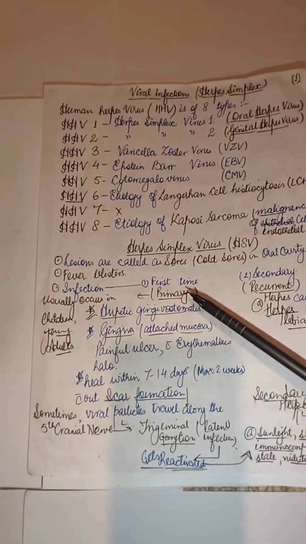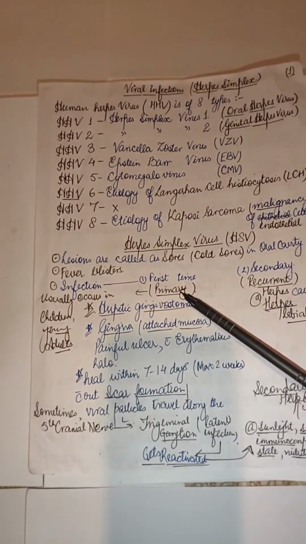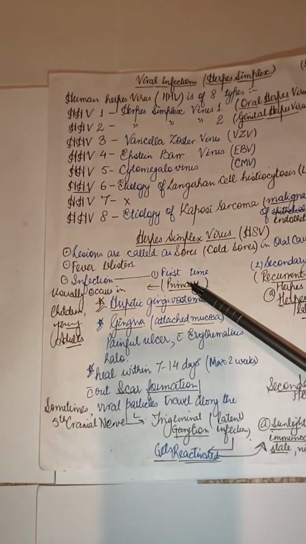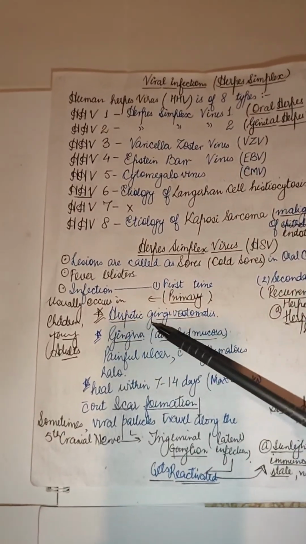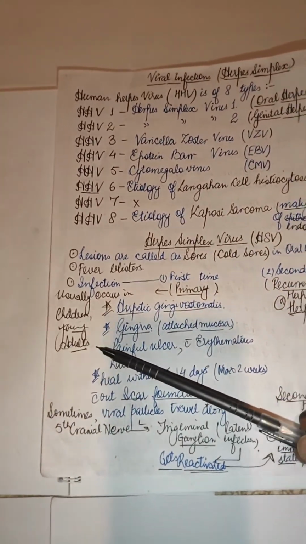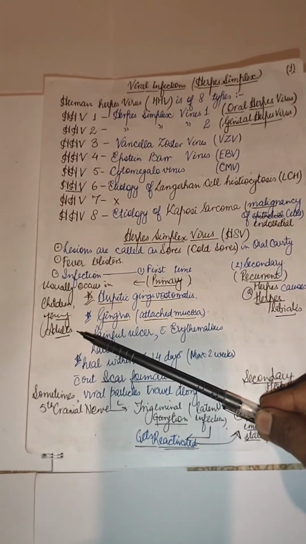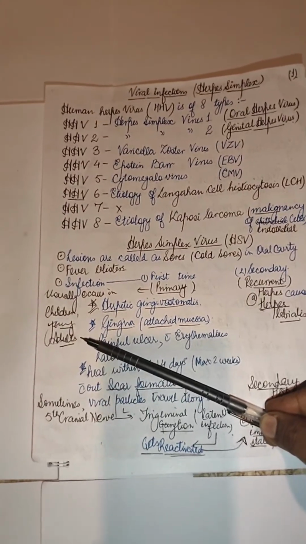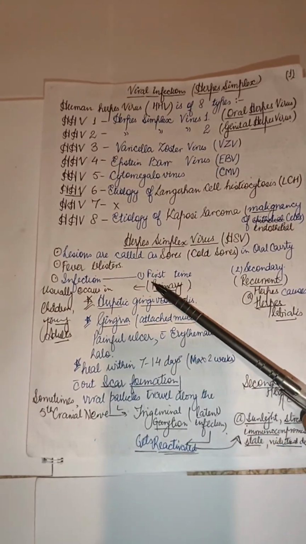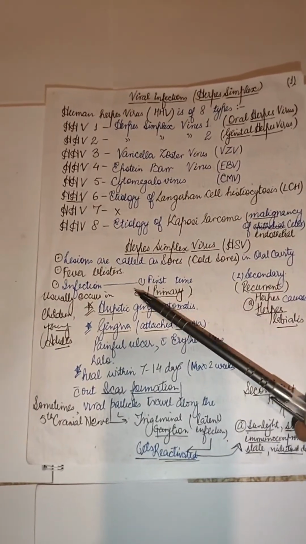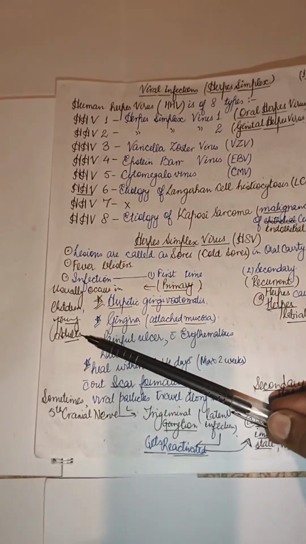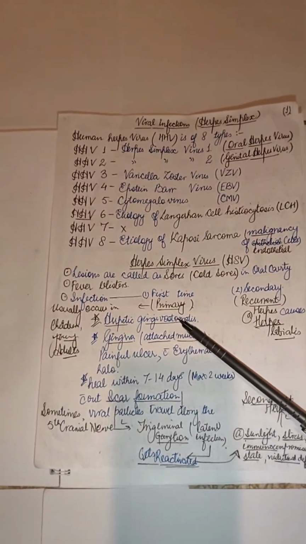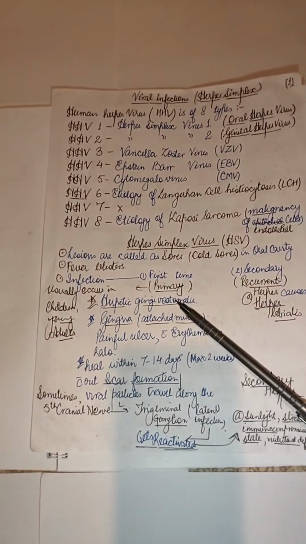Now moving on, the first time the herpes simplex virus infection occurs, it is called the primary infection, and it usually occurs in children and young adults. Students, do remember for the NEET MDS PG entrance exam, in oral pathology, when it comes to MCQs, this is very important: if the herpes simplex virus infection occurs for the first time, it usually occurs in children and young adults, and it mostly manifests in the form of herpetic gingivostomatitis.